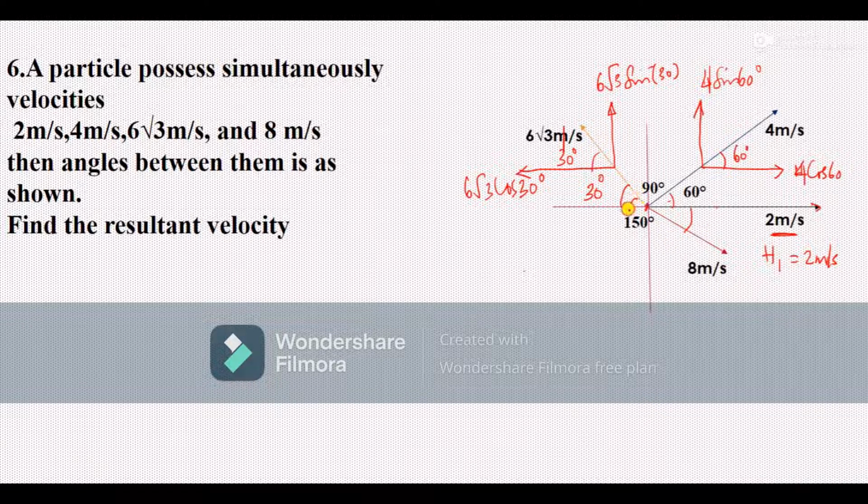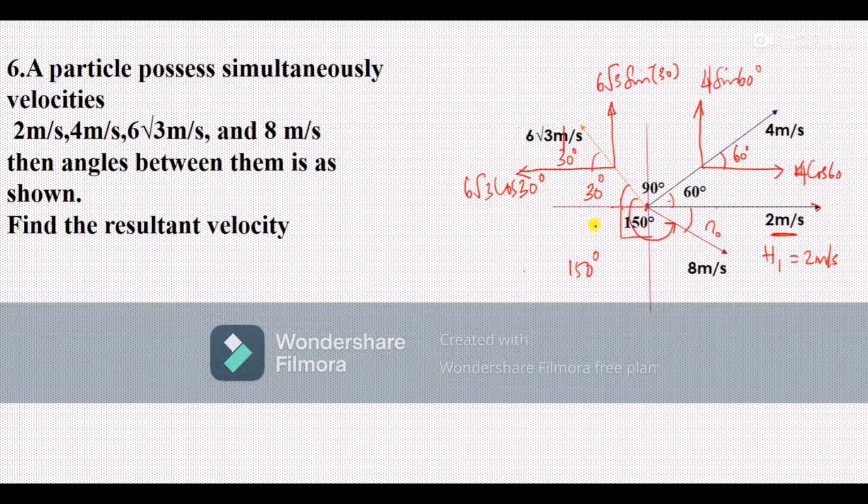Similarly, for the 8 meters per second velocity, we have to find the angle here. We are given that from 6 root 3 to 8 meters per second, the angle is 150 degrees. So we have to find what this angle in between is.